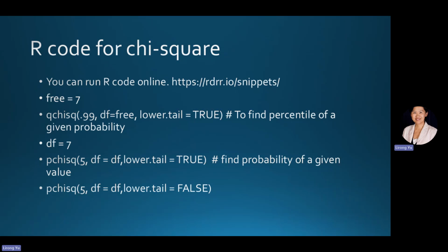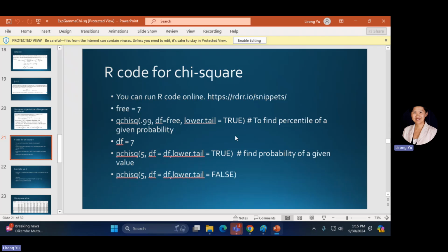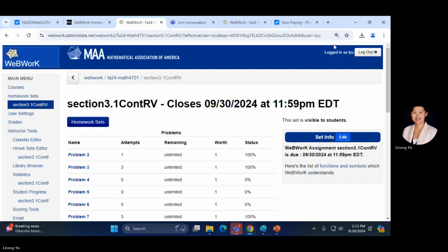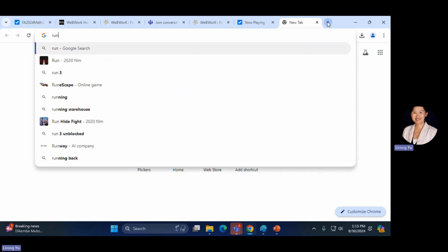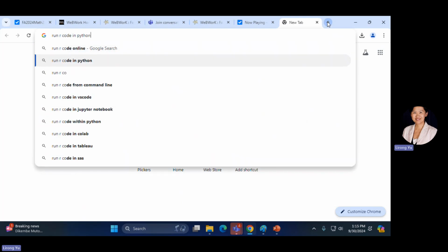But if you don't want to crowd your computer with more software, you can do it online. So for example, here, let's see if it still works. See, run R code online.